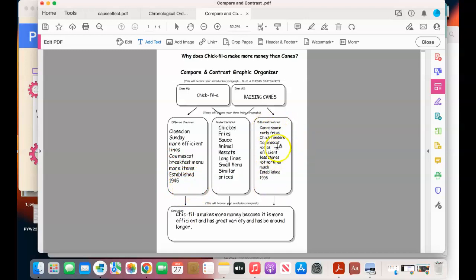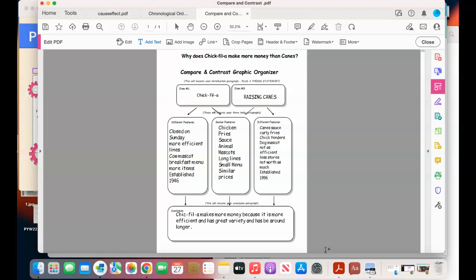Cane sauce, curly fries, chicken tenders, dog mascot, not as efficient, less stores, not worth as much, established in 1996. Chicken, fries, sauce, animals, mascots, long lines, small menu, similar prices. Though technically, I think Chick-fil-A has a long menu. And then my conclusion. So this is what your graphic organizer should kind of look like.